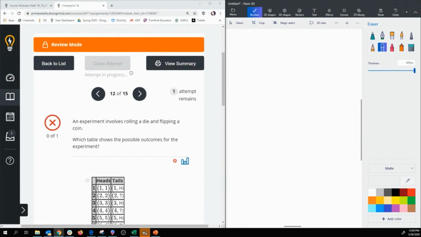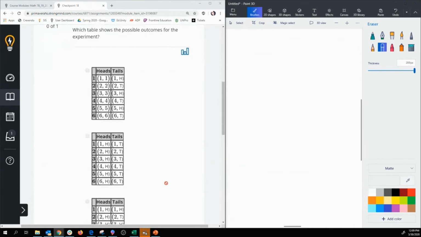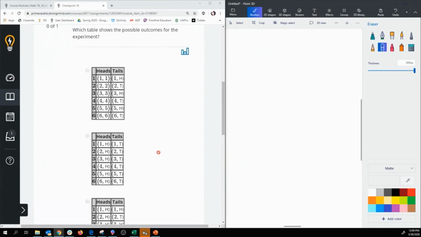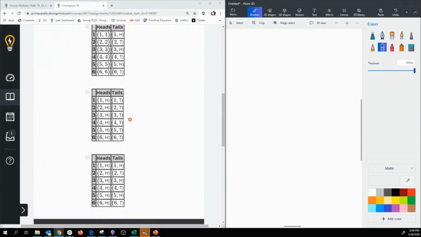All right, for this problem, if you look at your answer choices, a lot of the tables that we have here for these 3 answer choices kind of look the same. They have the same amount of options, and they're all set up the same way. However, we have to be careful with what the ordered pairs actually are. So notice how the first column in each of these is heads, right?